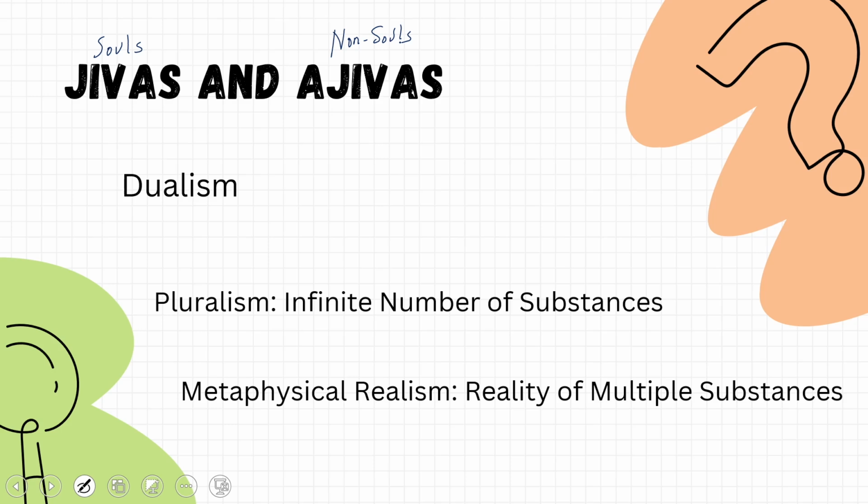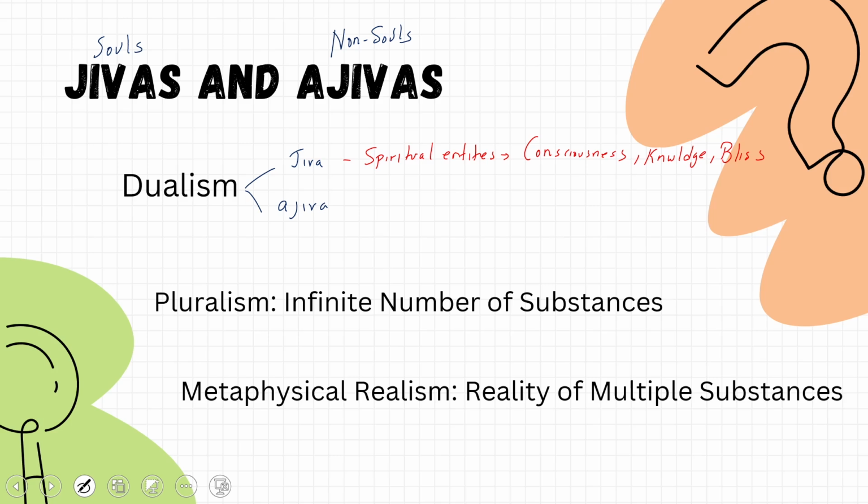So here when we look at dualism, the souls are spiritual entities, and they have consciousness, knowledge and bliss.